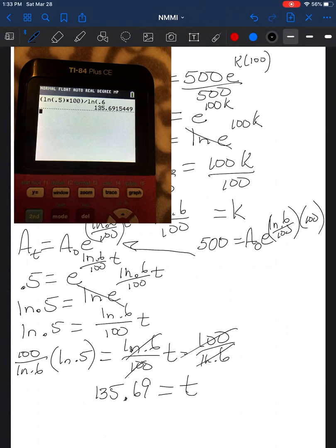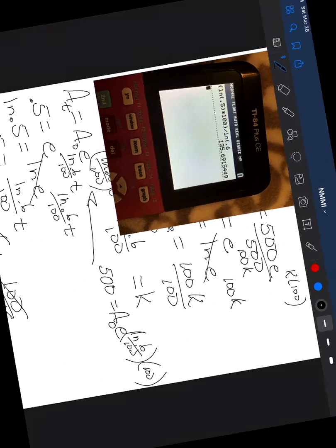All right, so we need to get A naught by itself, but I need to get rid of the e. So if I take the natural log of both sides, 500, let me just put it in the calculator and then I can show you.